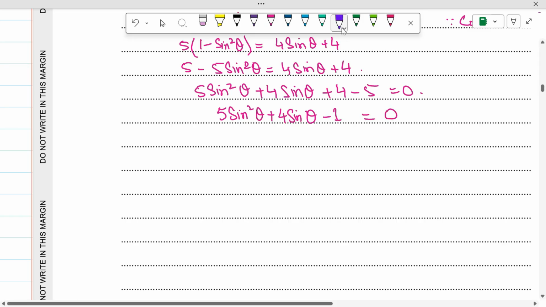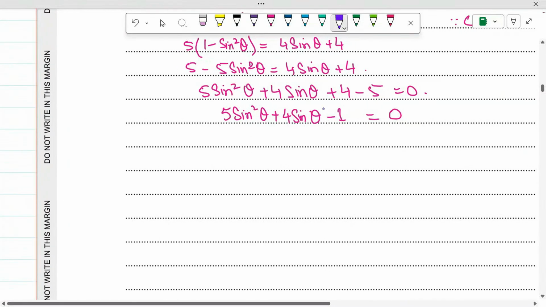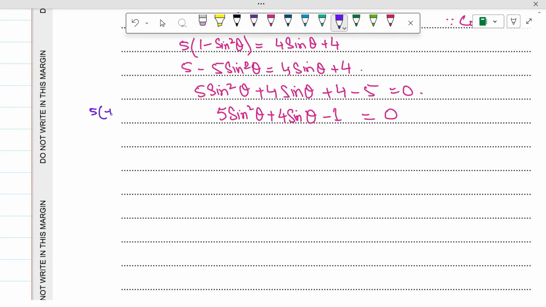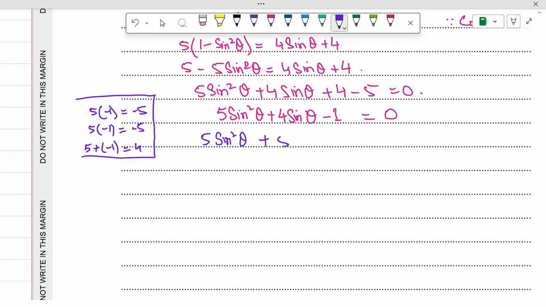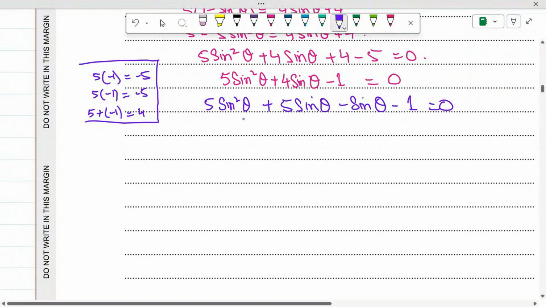This quadratic equation can be solved by factorization. 5 times negative 1 equals negative 5, and when we add 5 plus negative 1 it equals 4. So this equation can be written as 5 sine square theta plus 5 sine of theta minus sine of theta minus 1 equal to 0.